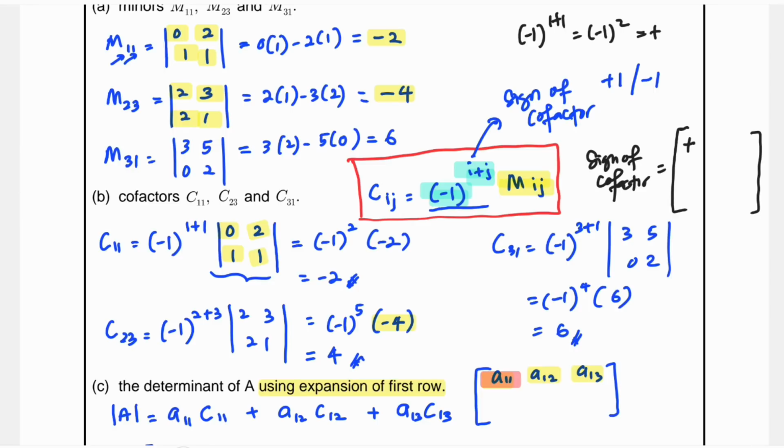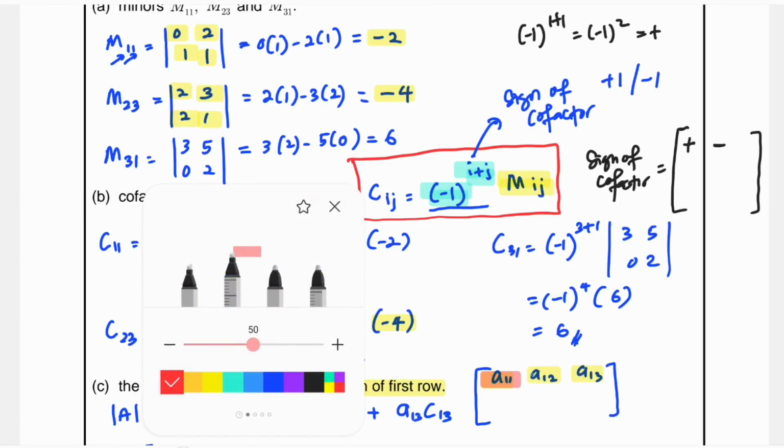For the next entry, the sign of cofactor would be negative. Why is this negative? Because of the location of the entry.